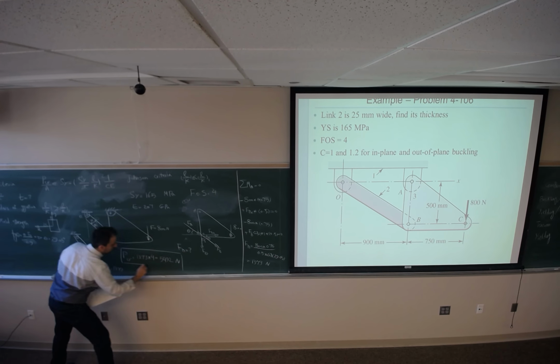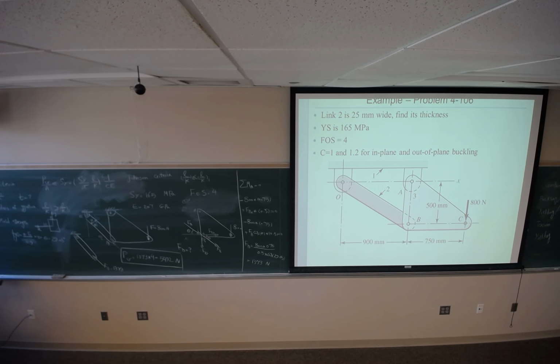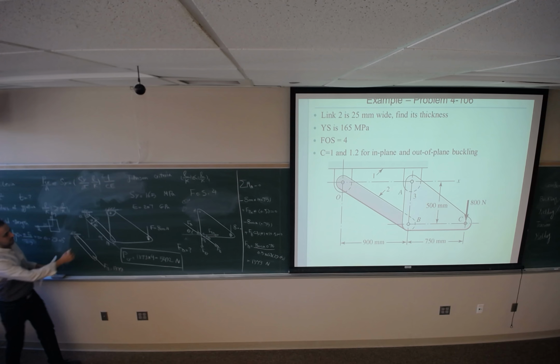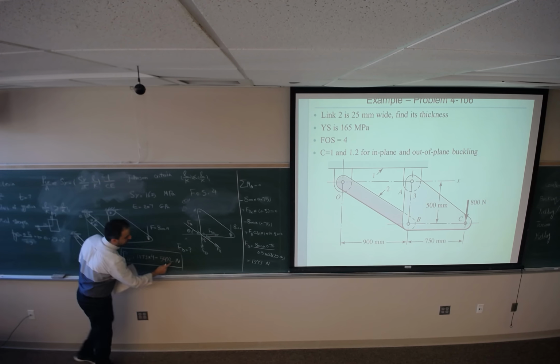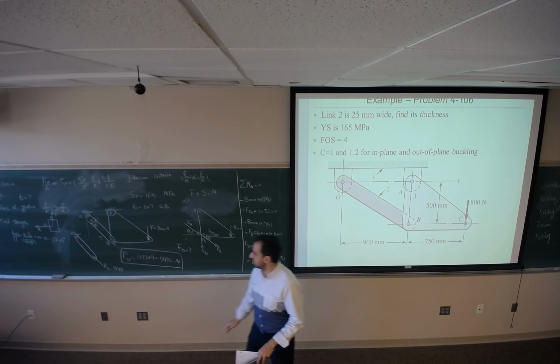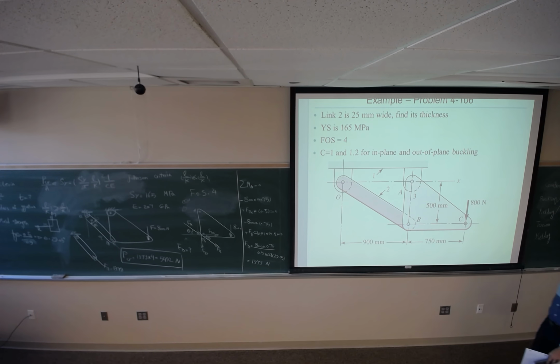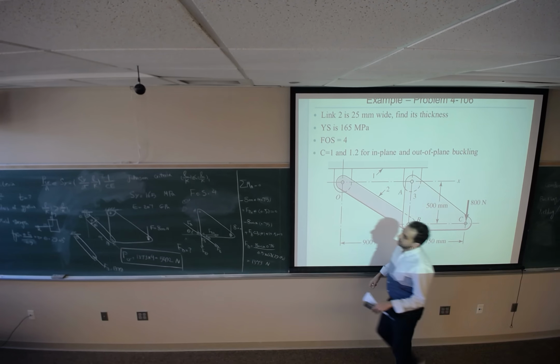So I should design this bar such that it can support 5492 Newton, not 1373, because of the factor of safety. This is how the factor of safety is affecting the problem.